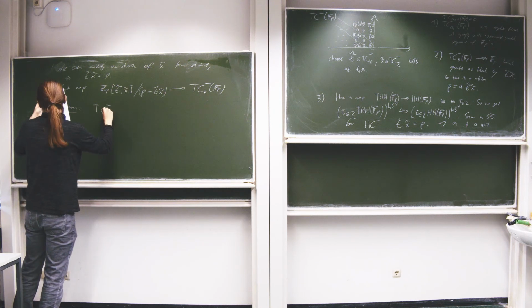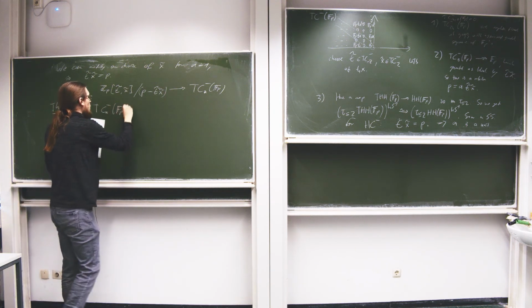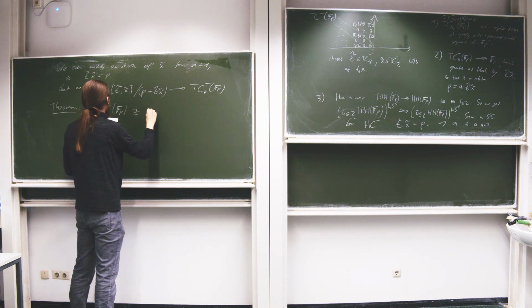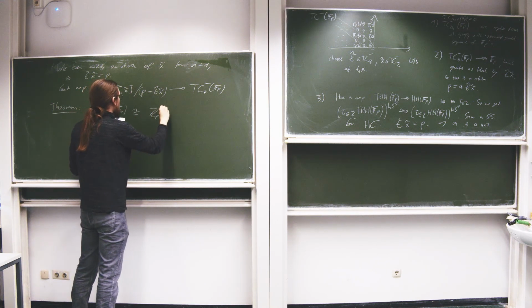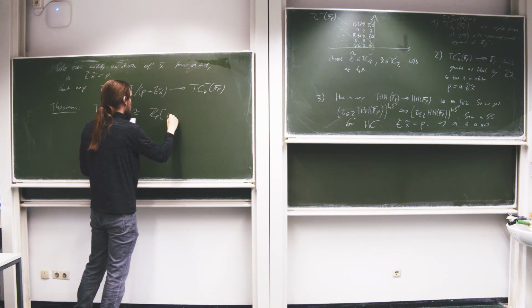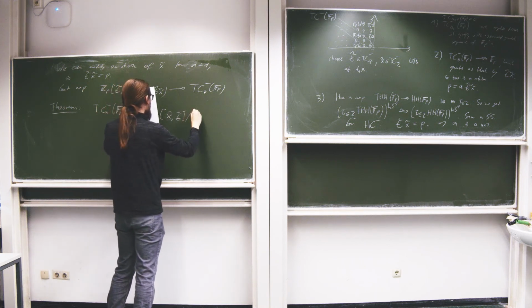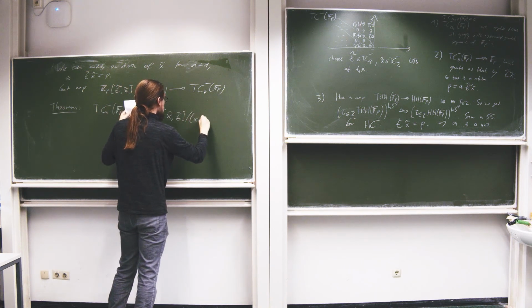The homotopy groups of TC minus of Fp are actually isomorphic to this kind of ring.